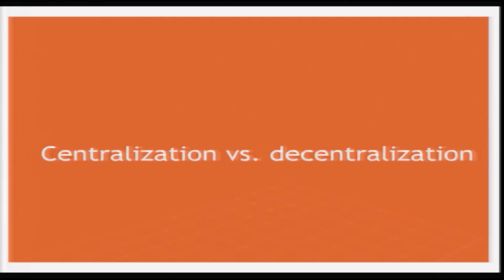The first thing that we have to understand is the question of centralization versus decentralization. We discussed this before, that you have a way of collecting information like transactions, let us say in your bank account, and keeping them in one database.